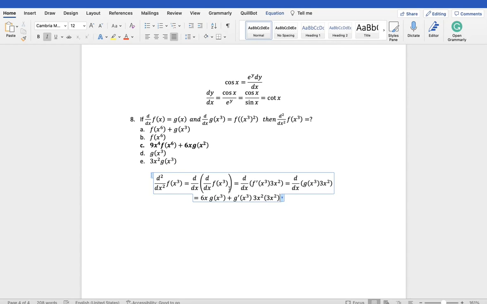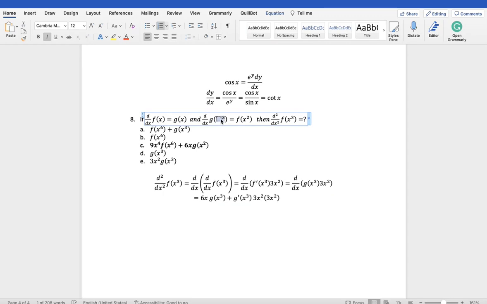And then, of course, you're given that d over dx of g of x is equal to f squared. So when you substitute x by x cubed, d over dx of g of x cubed is just equal to f of x cubed squared, which is f of x to the 6. Let me write it back here.